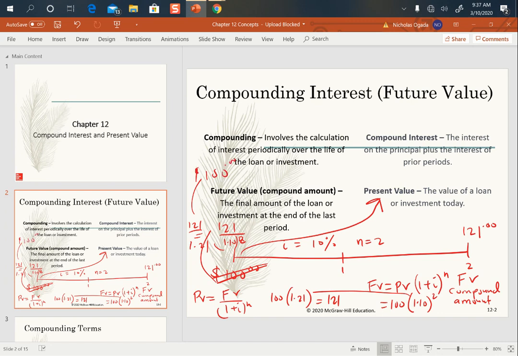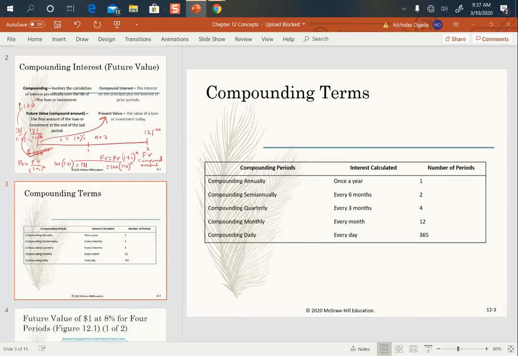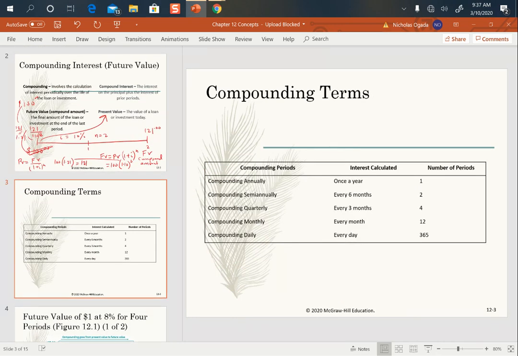Again, we're going to explore how we do this later on. The objective of this explanation is just to understand the concept. Now, there's one thing that is important when it comes to the present value or the future value, and that is the compounding terms.